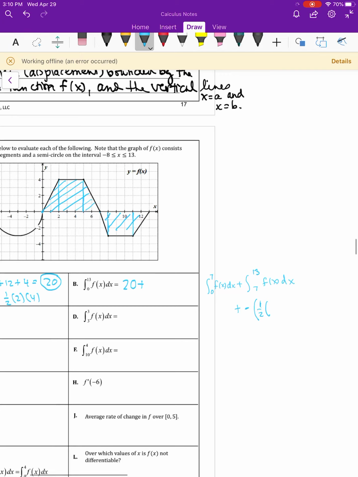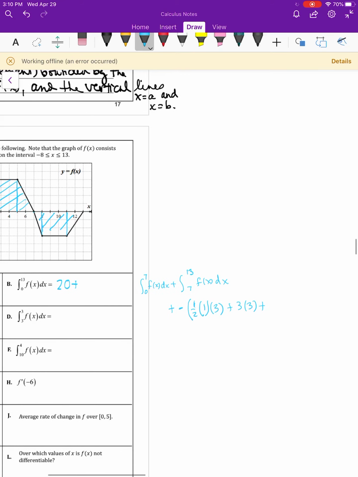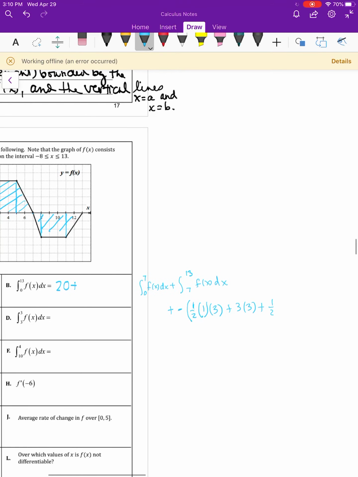We've got 1/2, and then the base of our triangle is 1. The height is 3, plus, and then we've got a 3 by 3 rectangle. And then we've got a 1/2, base of 2, height of 3.